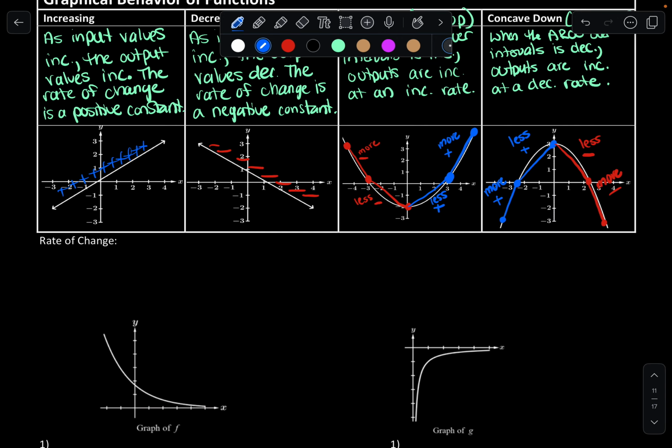All right, so the definition for the rate of change is, let's see, this is referring to the slope of a function.